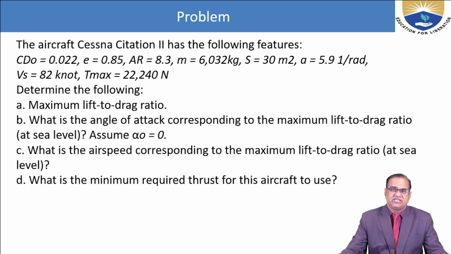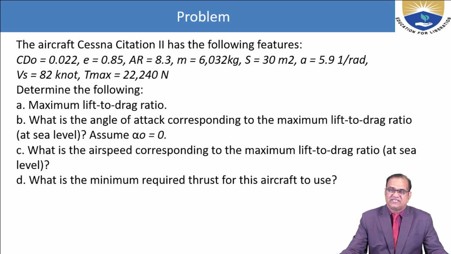CD0, that is zero lift drag, is equal to 0.022. Oswald efficiency e is equal to 0.85. Aspect ratio 8.3. Mass of the aircraft is 6032 kg. Area of the wing is 30 meters square.